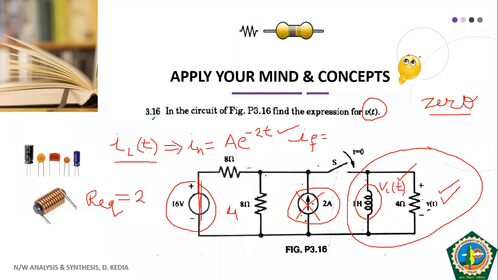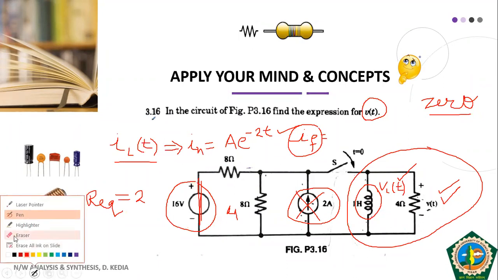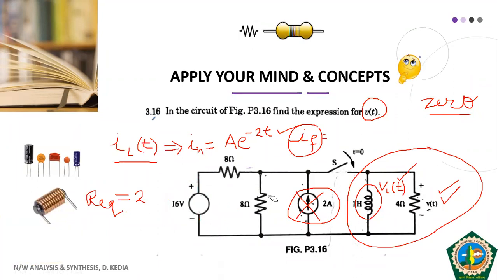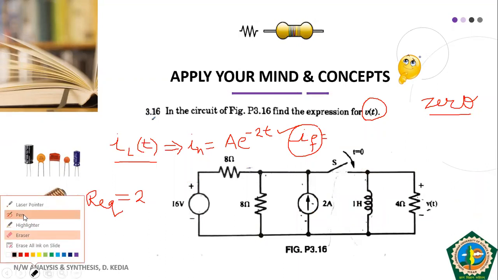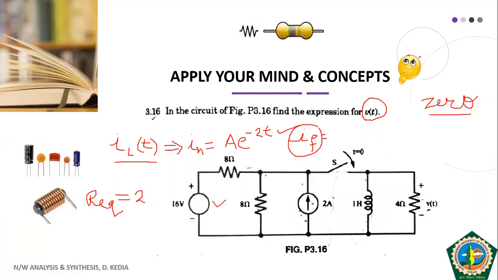So in order to find out the forced current, since we have two sources present here, let us see in more detail. So you see here that we have two sources. One is the voltage source and another is a current source. This switch is closed. So we have to find out the value of current across this.